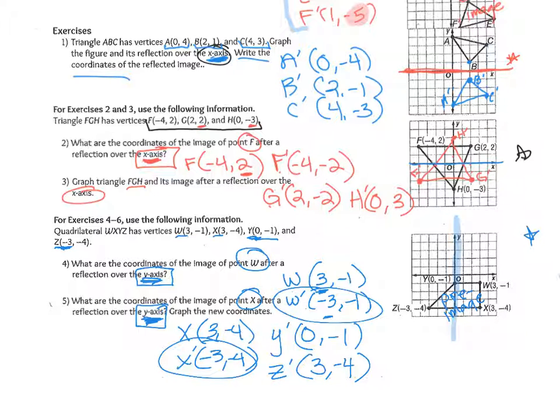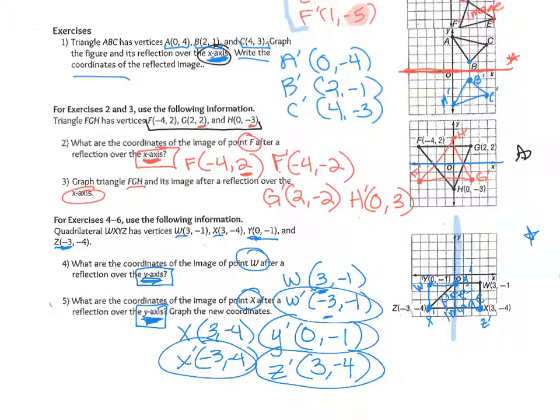So I can plot these new points over here. X prime should be (-3, -4). W prime should be (-3, -1). Y prime, (0, -1). And Z prime, (3, -4).